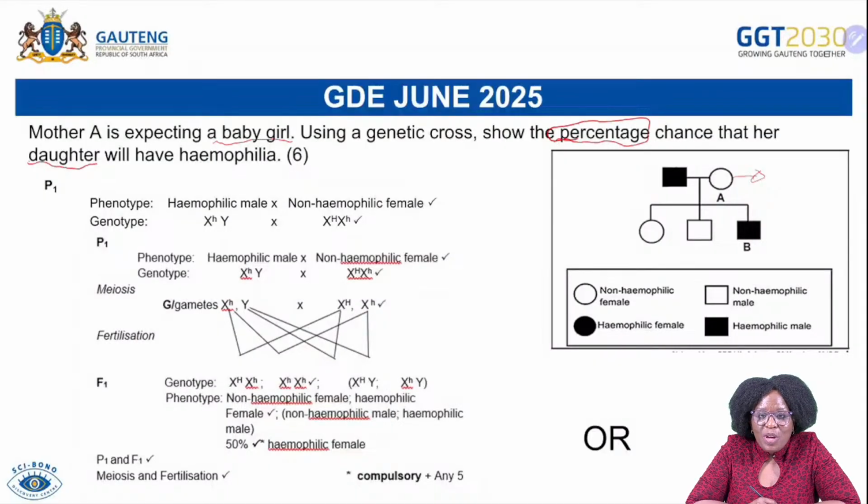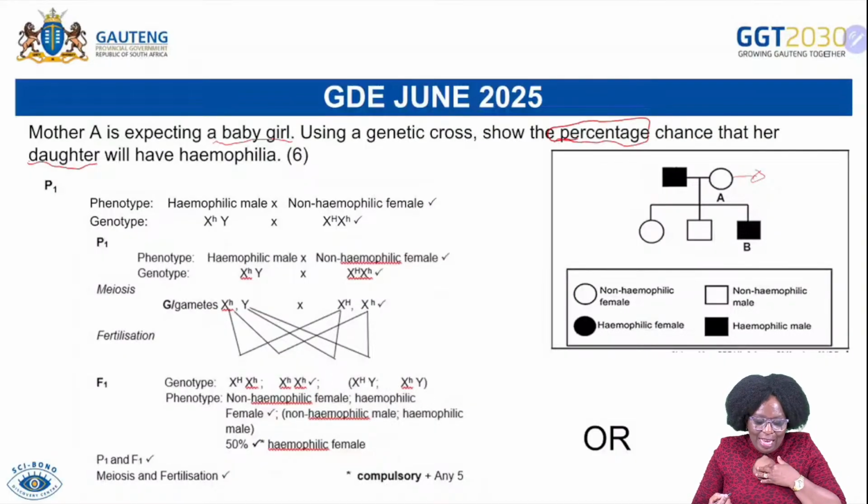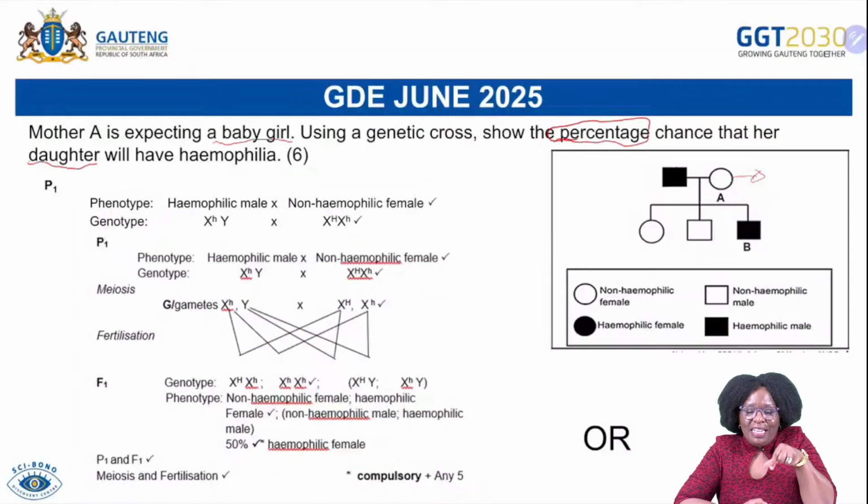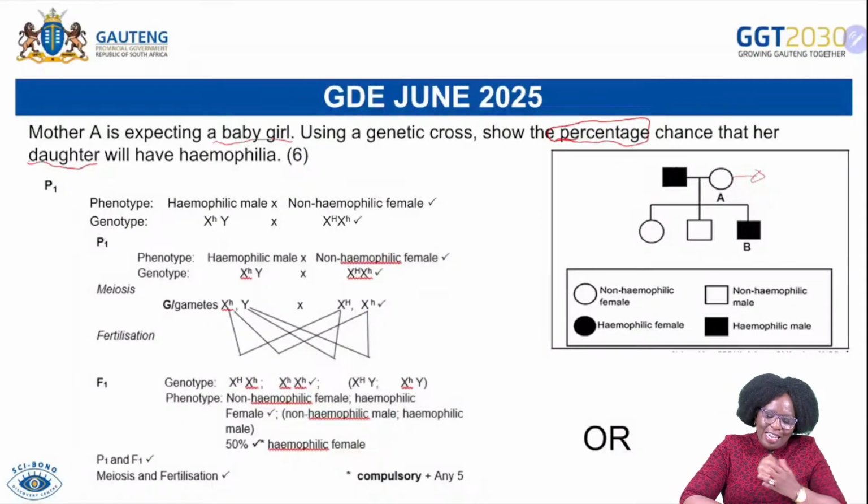How many marks do we have in a genetic cross? Basically, it's 6 marks. From these 6 marks, you will find that some are compulsory marks. The compulsory marks are the marks that will directly answer the question, and the other marks are the ones showing the steps that you take when you do a genetic cross. Everyone remembers that it's a key.